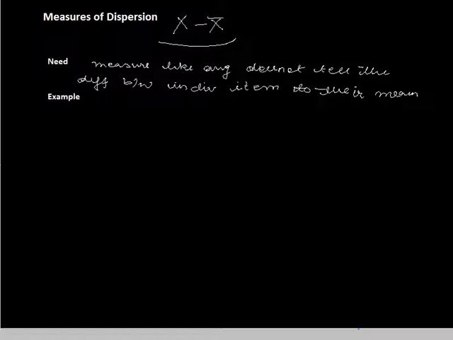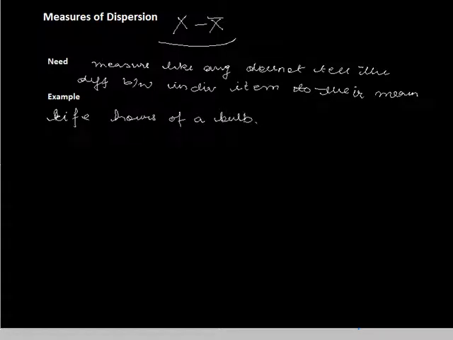But the idea of such dispersion or variation is important in many problems. For example, in a departmental store we would be interested to know the average length of life in hours of a bulb.